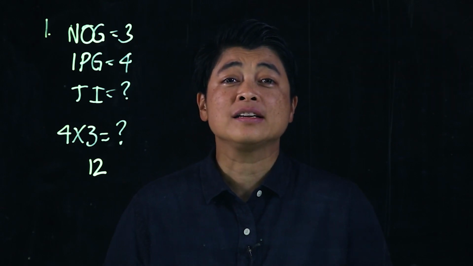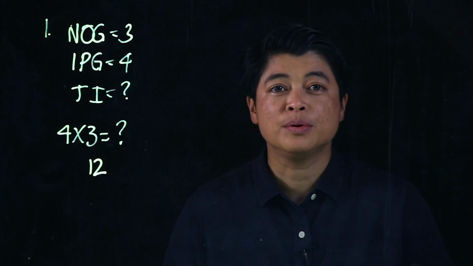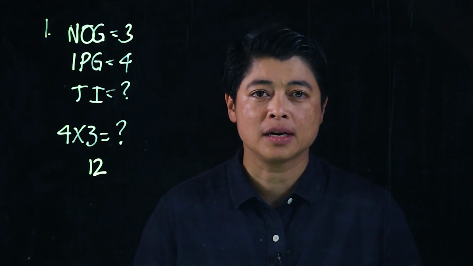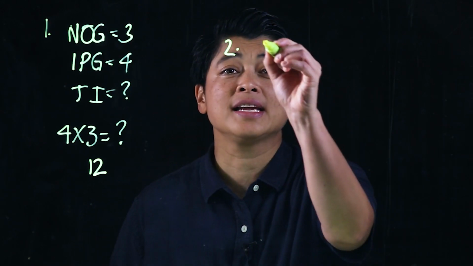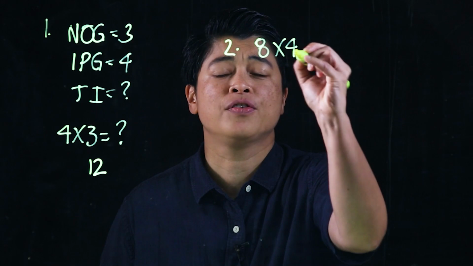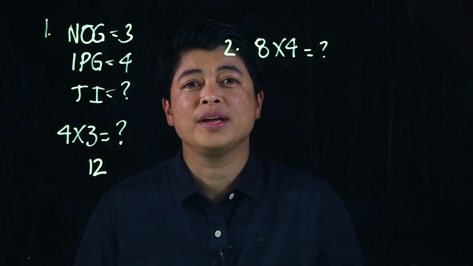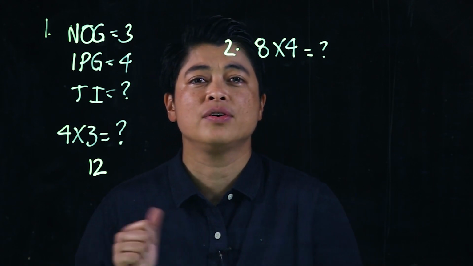Now, another problem that we will be doing is problem number 2. This again is an example of the counterproductive problem. The problem says 8 times 4. Again, what they want us to do is to find the number closest to 8, that's either 5 or 10.